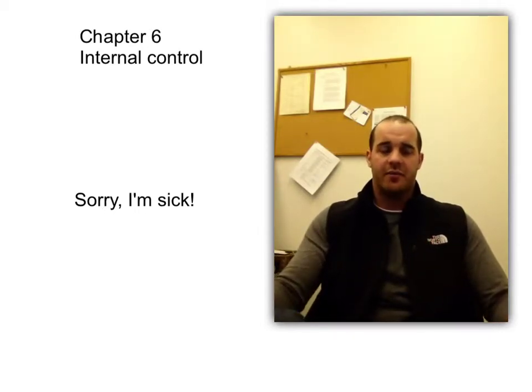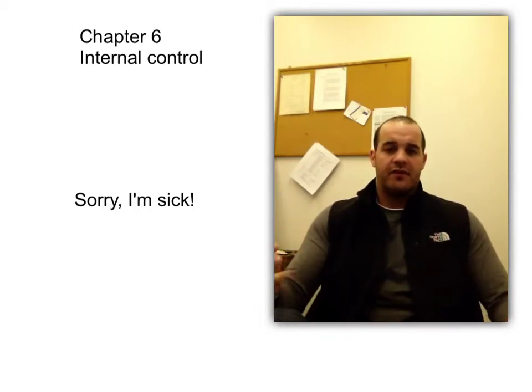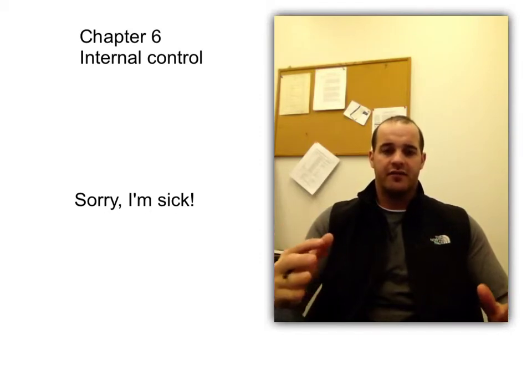Monitoring. Monitoring is a process that assesses the quality of systems over time. This is accomplished through ongoing monitoring activities, separate evaluations, or a combination of the two. Internal control departments or auditors will oftentimes have to monitor a system's effectiveness.